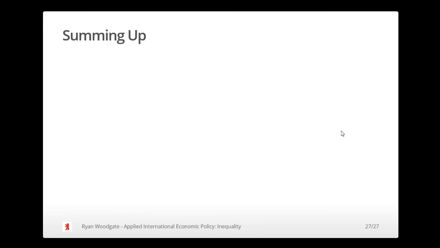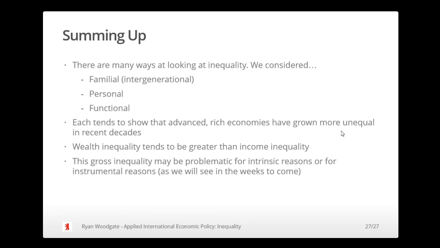Okay, so to sum up, to offer some conclusions, there are many ways of looking at inequality. We consider the familial, the personal, the functional, and we've seen that for major advanced economies in particular, since at least the 1980s, the trend has been towards much more unequal distributions in terms of income, but also in terms of wealth, which we considered less here.